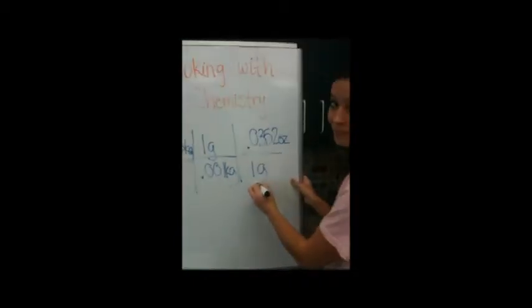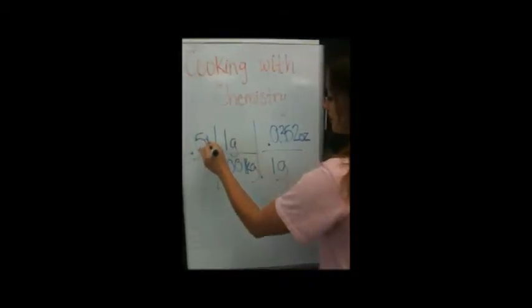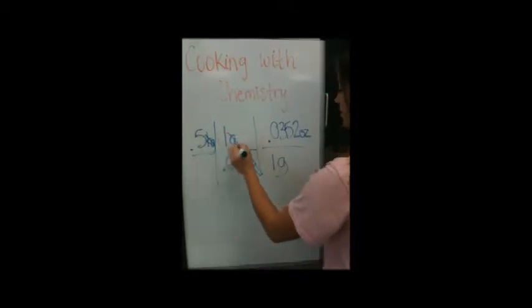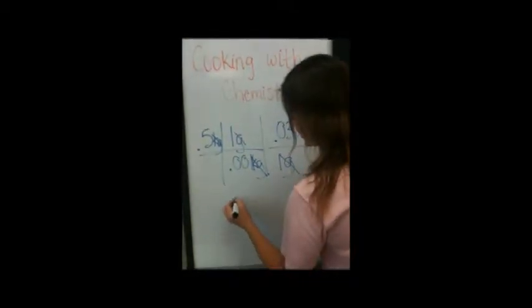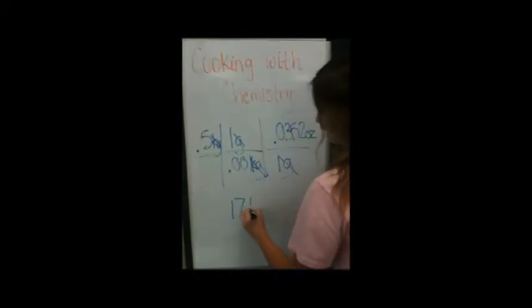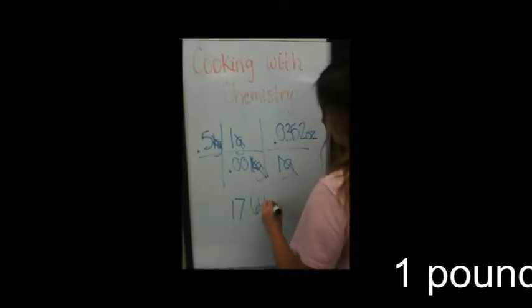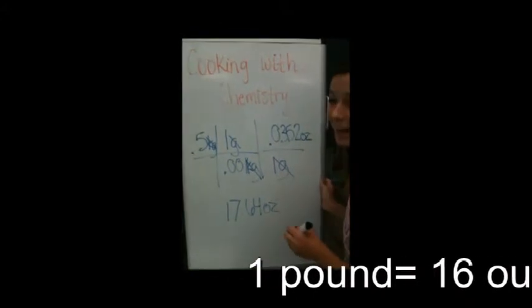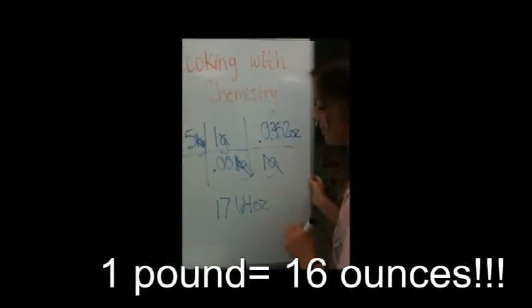And remember how we canceled out those units that we didn't need anymore? Grams. And what you're left with is roughly 17.64 ounces. That's really close to 18 ounces, so we'll just guesstimate that.